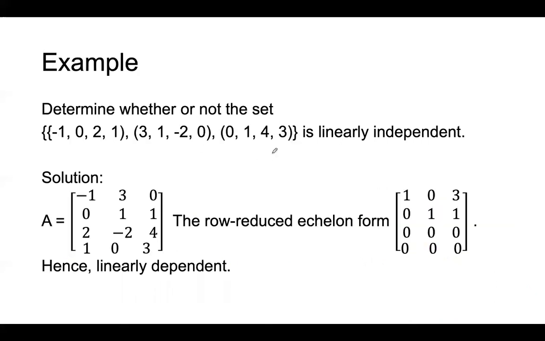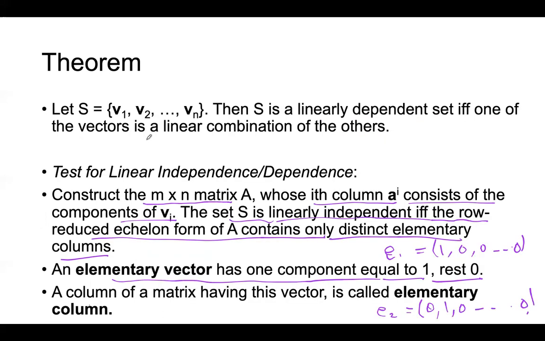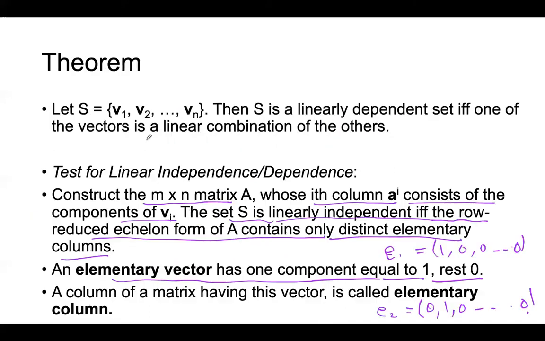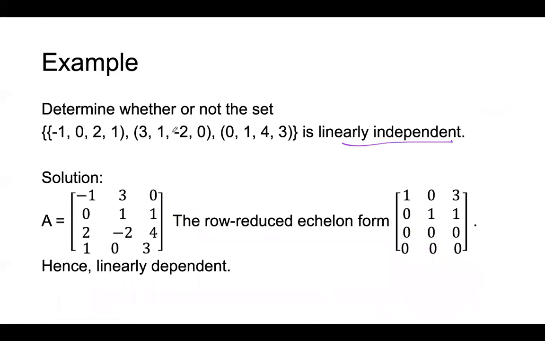So let's determine whether or not this set is linearly independent. You can see the connection between this formula and this. Essentially we put -1, 0, 2, and 1 in column format, and then row reduce it.